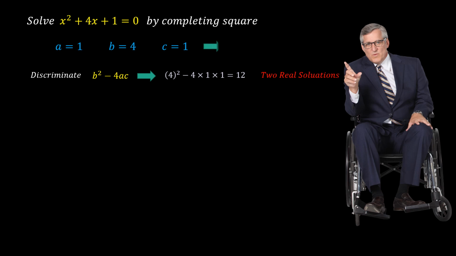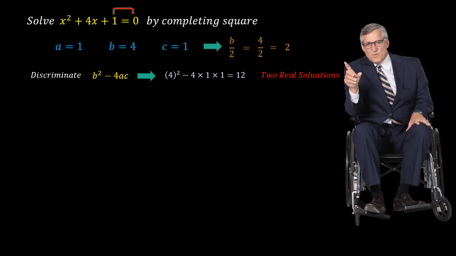So step number two, I have to find b over 2, because this is the number that I have to add to both sides. So b over 2 equals 4 over 2, which is 2. Here, no need to take a as a common factor because a is 1, so no need to do this step.